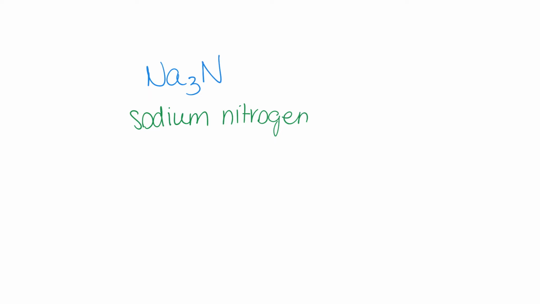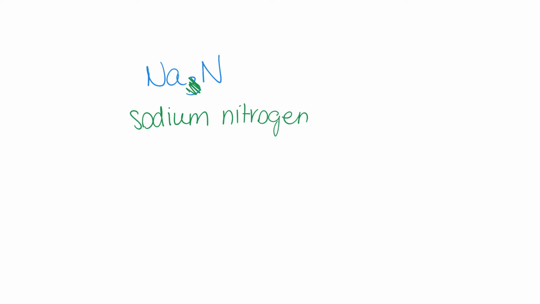Let's try another one. What if we've got Na3N. Okay, so ask yourself, what does Na stand for? It stands for sodium. And what is N? N is nitrogen. So I am ignoring this 3.